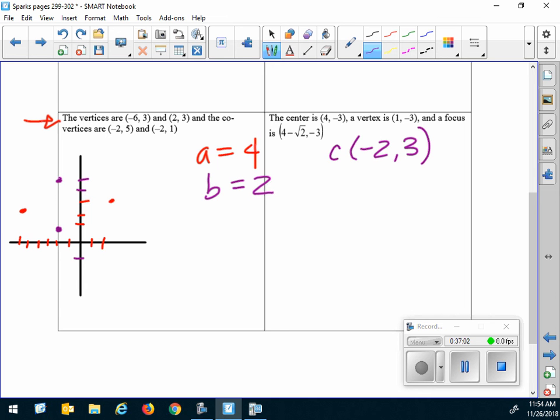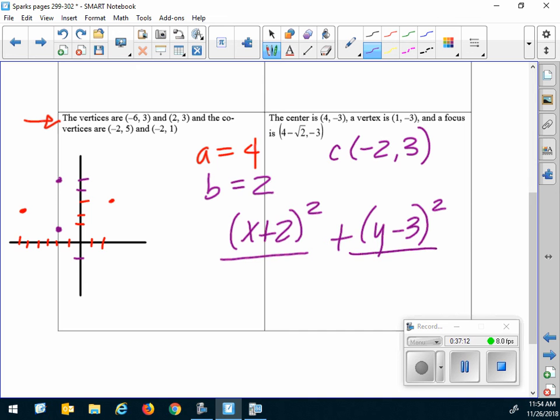Because the major axis runs horizontally. So it's going to be x plus 2 quantity squared over something plus y minus 3 quantity squared over something equals 1. Now what are the somethings? These are squared, 16 and 4.